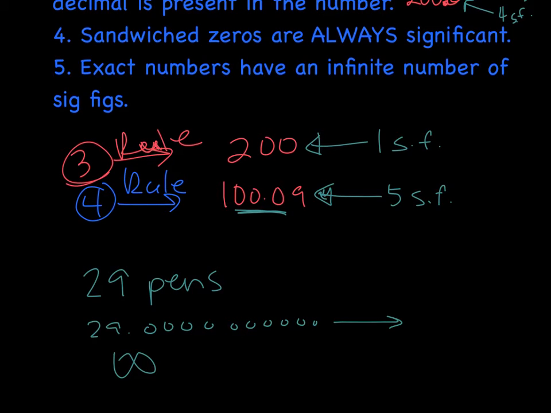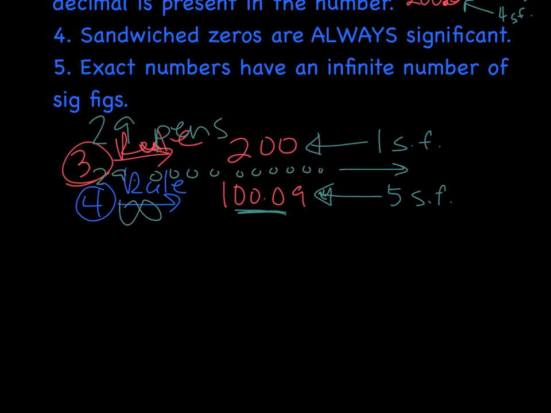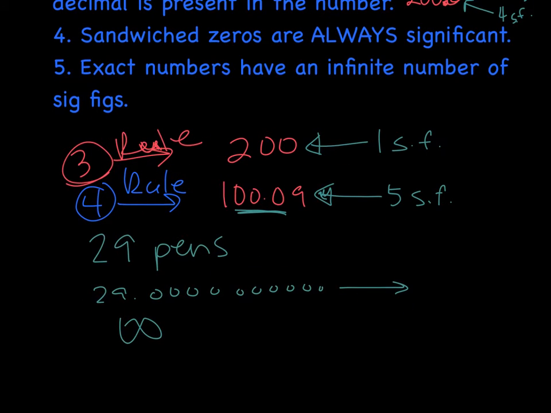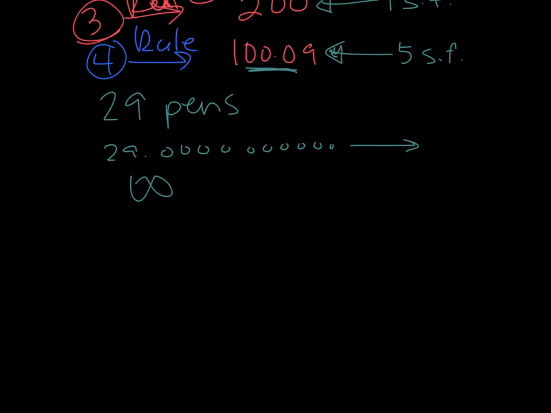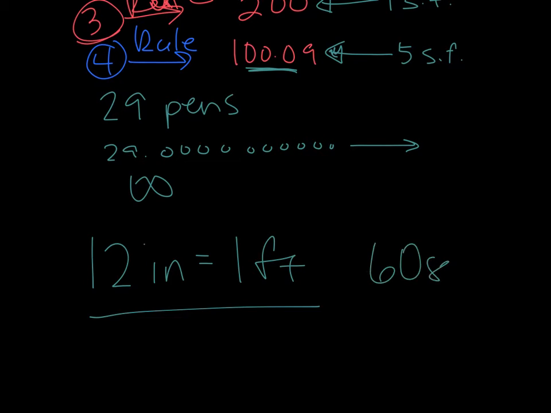This is also the case for unit conversions. So if I have 12 inches in 1 foot, then that's an exact number. 12 is exact. 1 is exact. 60 seconds in 1 minute, that's exact.